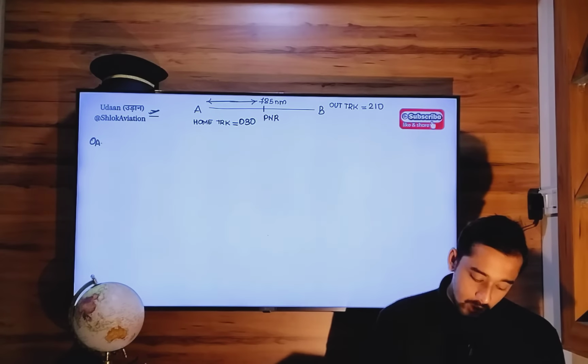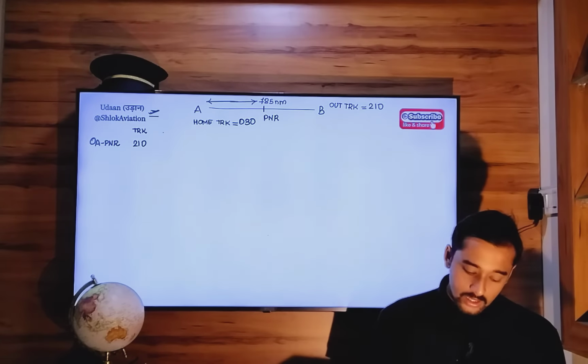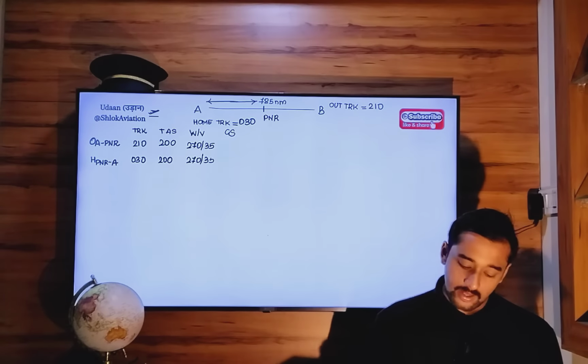So outbound, A to PNR, the track is 210, the TAS is 200, winds are 270 at 35. Then homebound, from PNR back to A, a track of 030, TAS of 200, winds stay the same, 270 at 35.